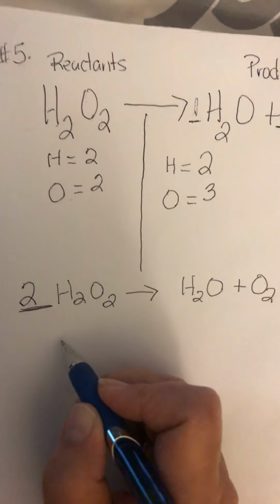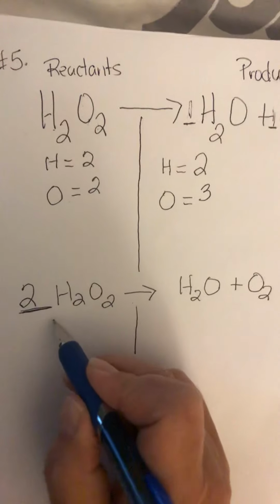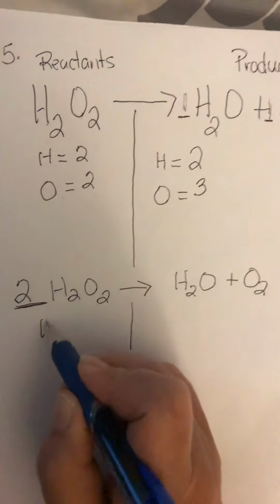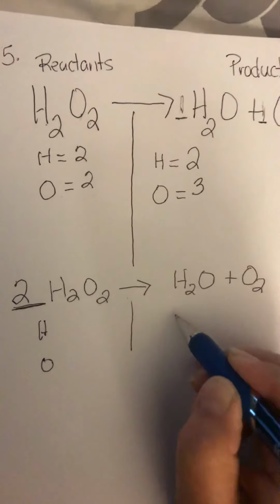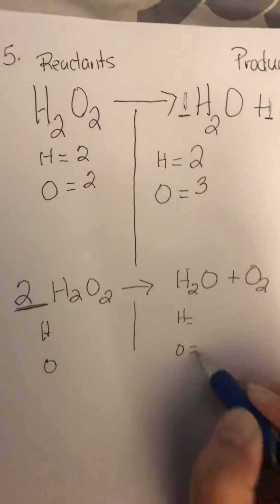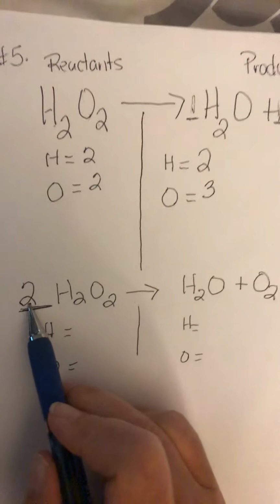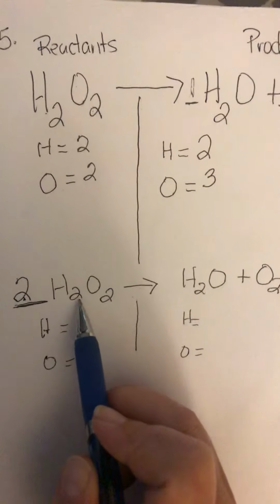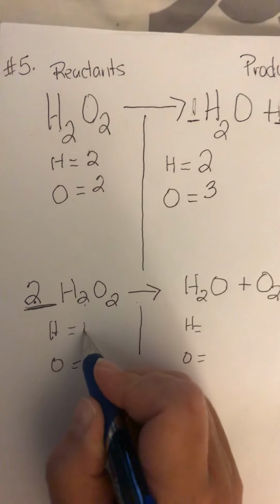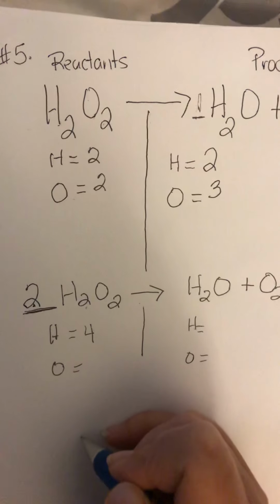Okay? So if I put a 2 here, let's just say for all intents and purposes, got my hydrogen, oxygen, hydrogen, oxygen. So if I put a 2 here, I would have to say 2 times 2 is going to give me 4 hydrogen.